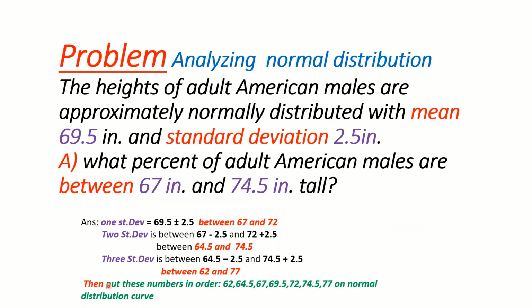Then put these numbers in order: what you obtained from one, two and three standard deviations, 67, 72, 64.5 and 74.5, 62 and 77, in order as 62, 64.5, 67, 69.5, 72, 74.5, 77 on the normal distribution curve.